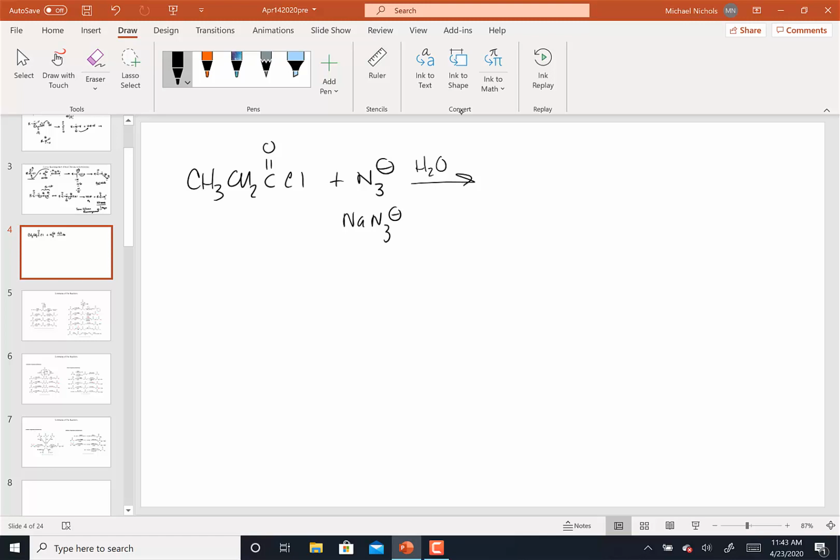It just needs a counter ion. So you dissolve that in water. You react the acid chloride with that, and because of the Curtius rearrangement, what I will end up with is this alkyl group then attached to an NH2.